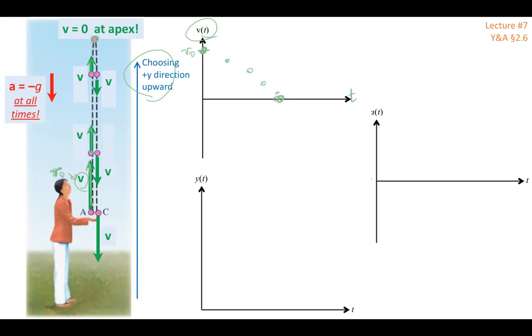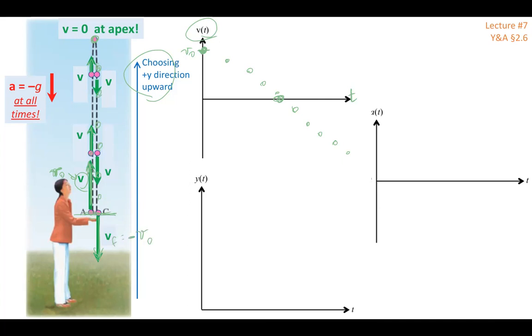And then after it passes the apex, we can see that the velocity is negative at all later times and gets to be a bigger and bigger negative number. Okay? You might notice that if the object lands or is caught at exactly the same level that it was launched from, then it looks, just from our little sketches of these vector arrows, like the final velocity is exactly equal to negative the initial velocity.